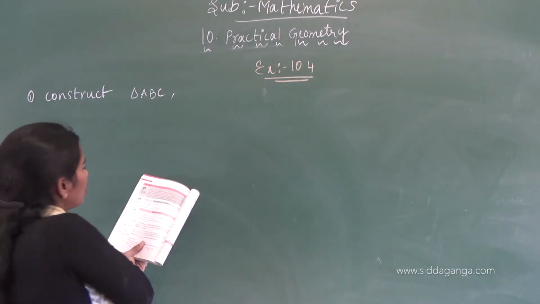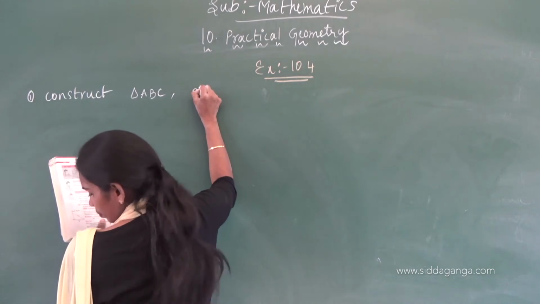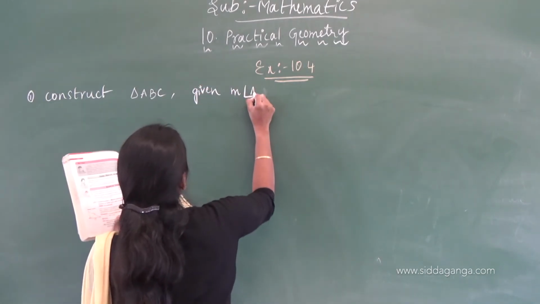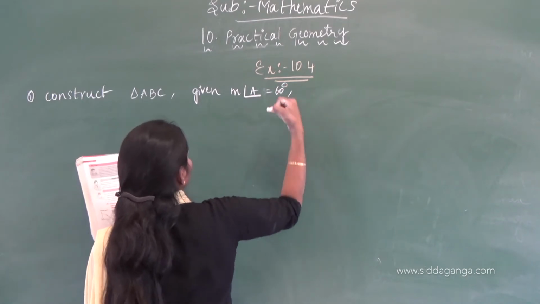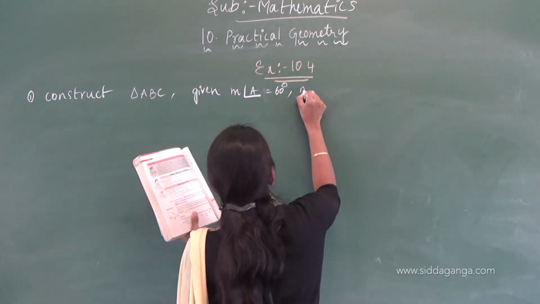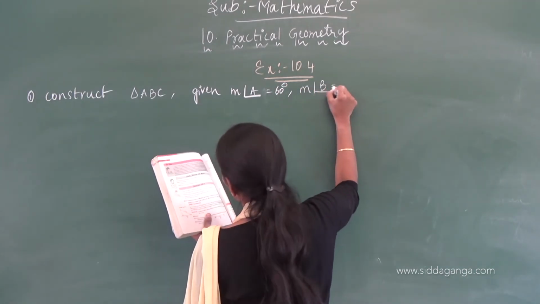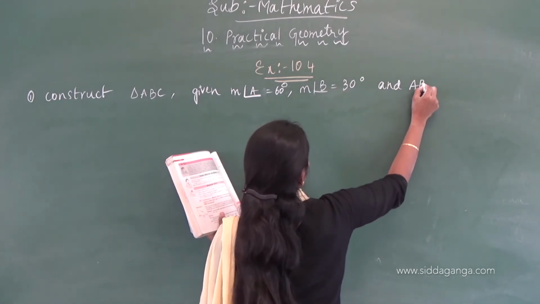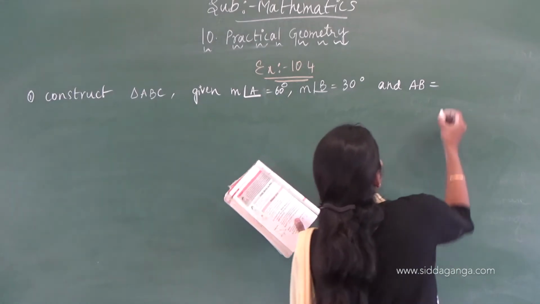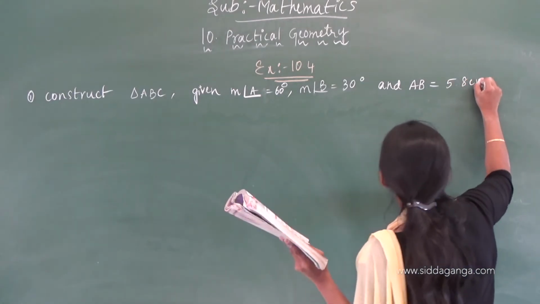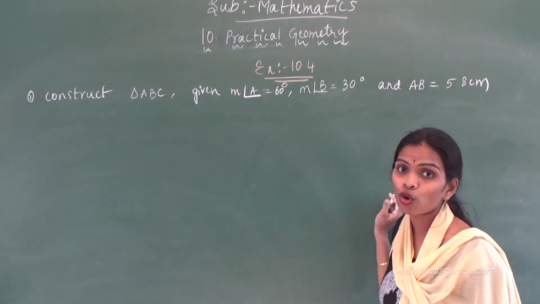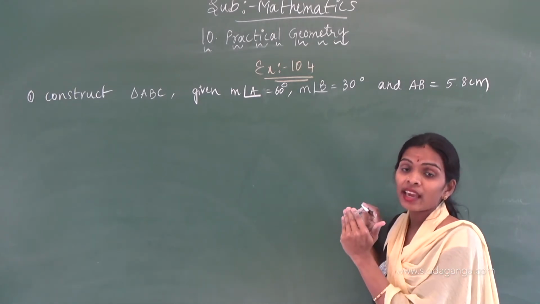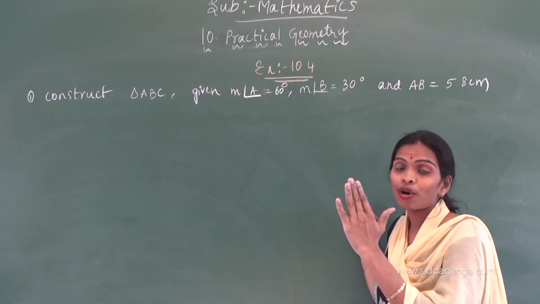Given measurement of angle A equals 60 degrees, measurement of angle B equals 30 degrees, and line segment AB equals 5.8 centimeters. In examination, no one will tell you that this belongs to the ASA batch or SSS.